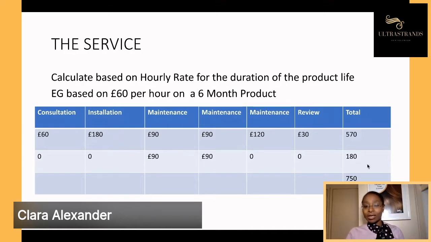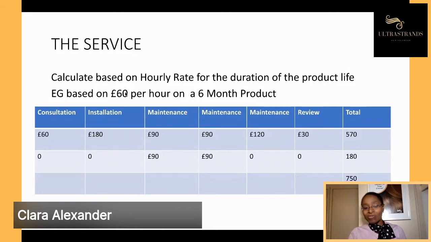So we've got a total here. If we add the 570 to the 180, you get 750. Now, this is your total service cost over that 6-month period. It could be less, because if your hourly rate is lower than this, so for example, if you have an hourly rate of £45, then obviously this figure is going to be lower.